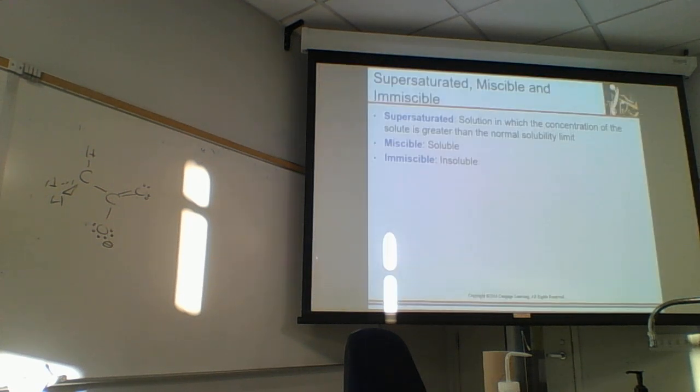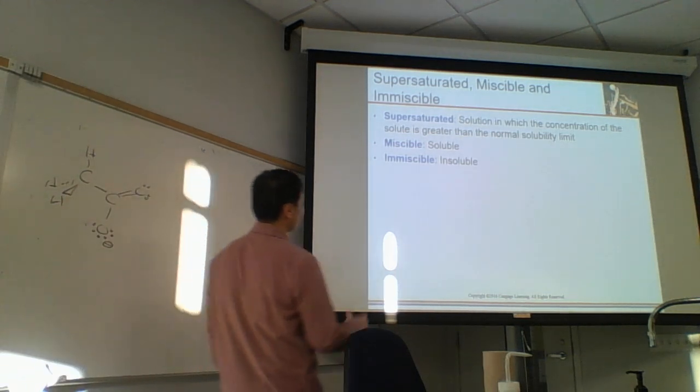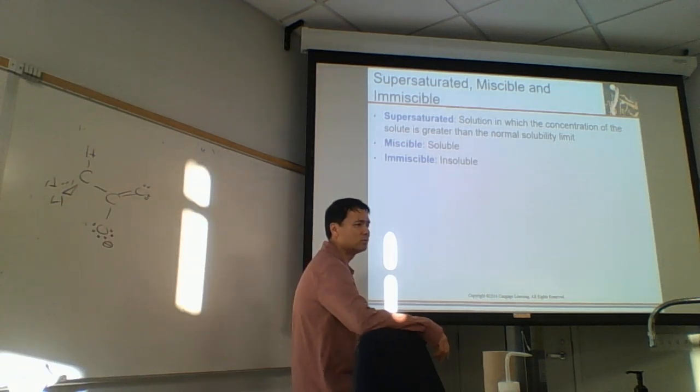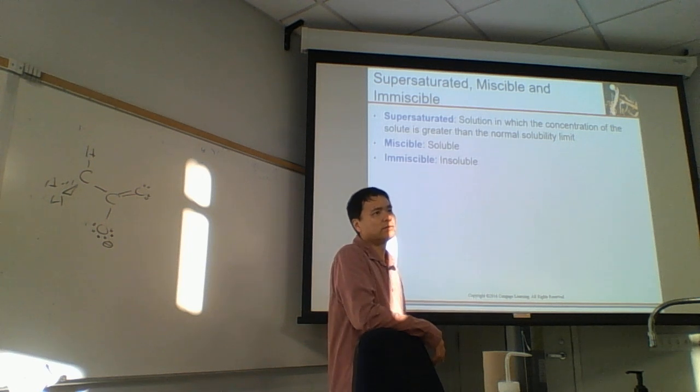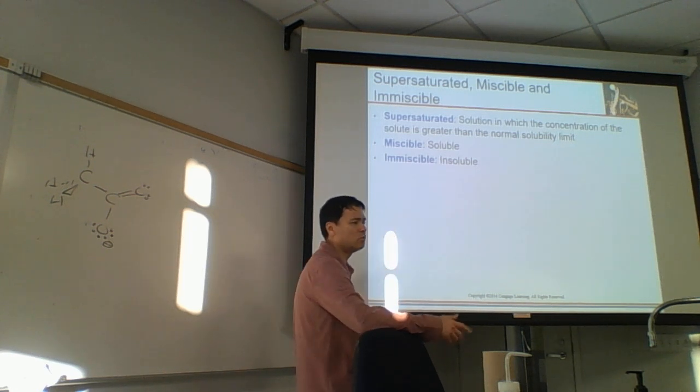Other things you cannot supersaturate. You cannot supersaturate something that's miscible. Have you heard the word miscible? Miscible means infinitely soluble, and so there's no solubility limit. For example, methanol. How much methanol can you dissolve in water? An infinite amount.